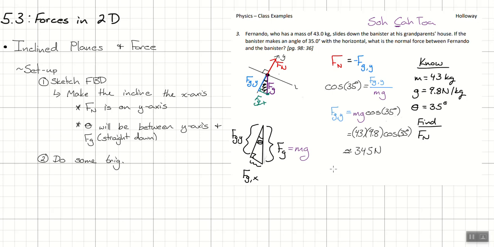Okay, boom, check it out. The banister produces a normal force, F sub n, approximately equal to 345 newtons on Fernando. Okay, done. We have it, piece of cake.